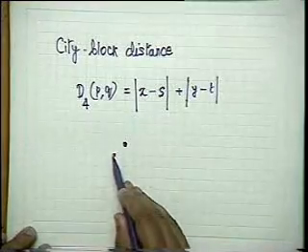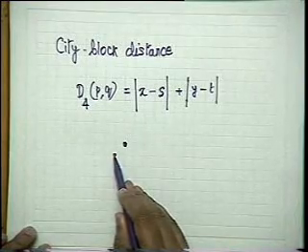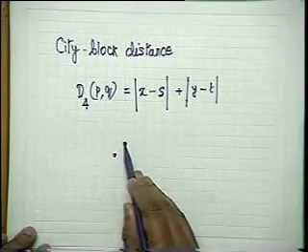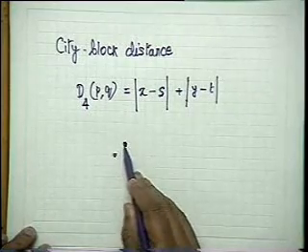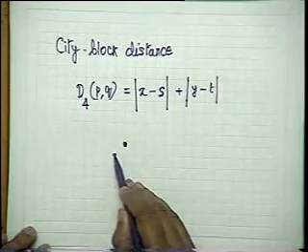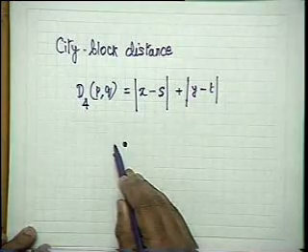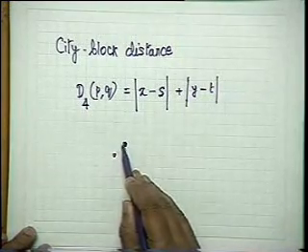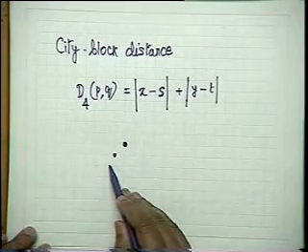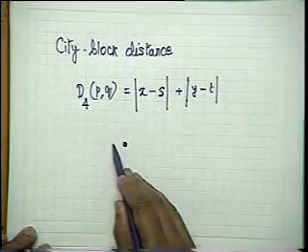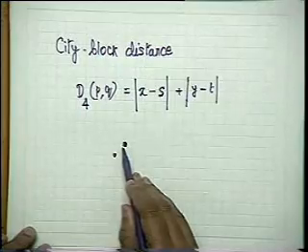So, that means to say that if I want to travel from one pixel to any other pixel which is lying over here, I can't travel diagonally, I have to travel first this distance and then this distance. If I do that, then I will be traversing a total distance equal to 2, and that is what my city block distance defines.